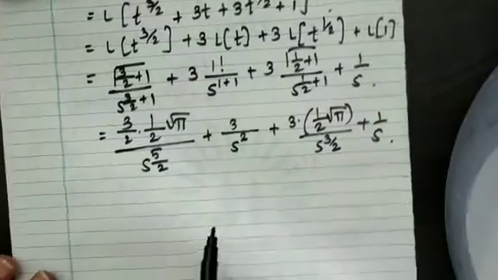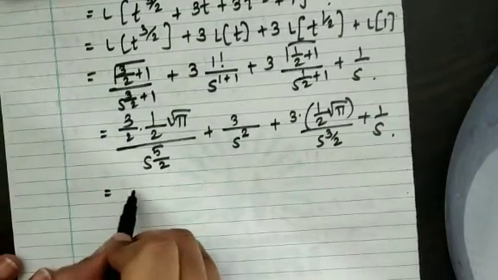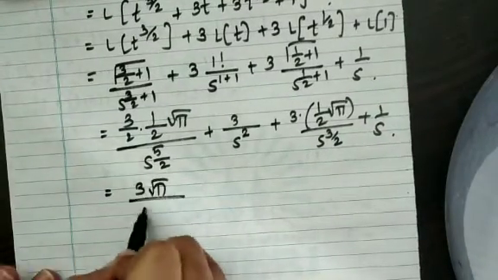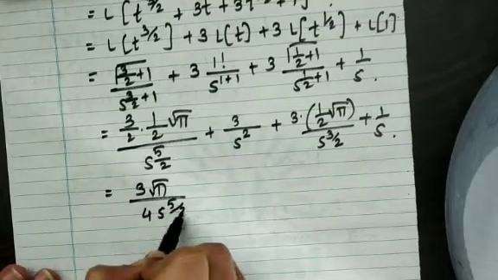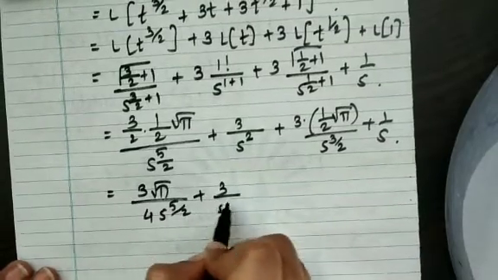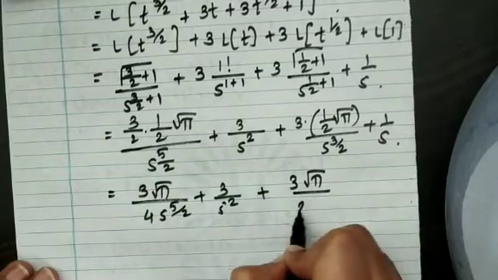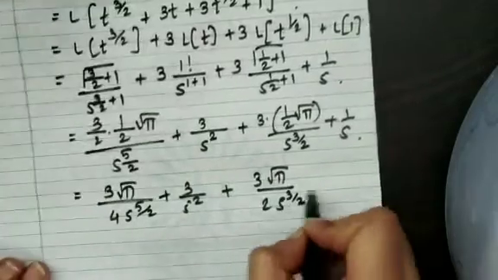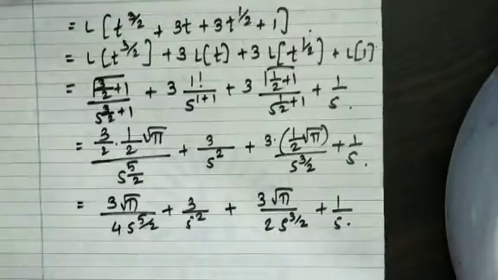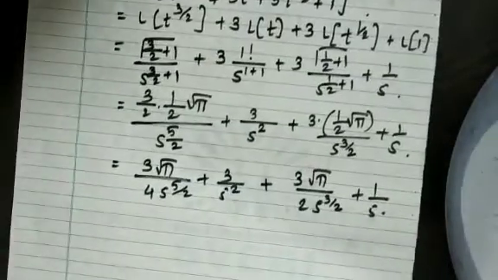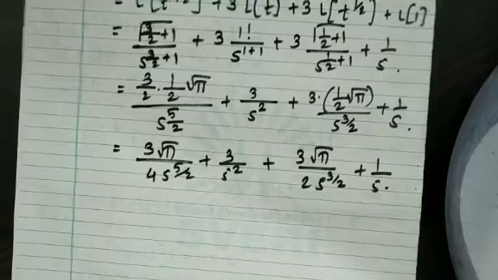Or if you want to simplify, you can simplify it. 3 root pi upon 4 into s raised to 5 by 2, plus 3 upon s square, plus 3 root pi upon 2 s raised to 3 by 2, plus 1 upon s. And that will be the required answer, that is in only s.